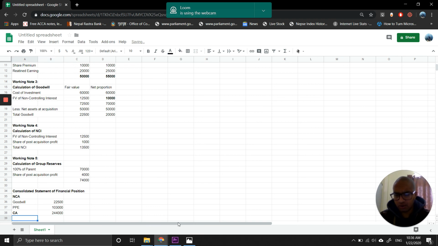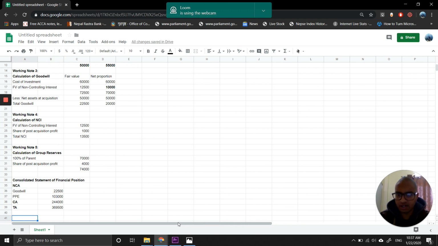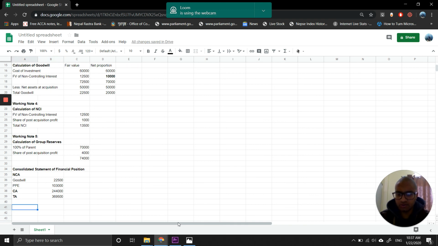So what's our total assets then? Total assets, bold. It's basically the sum of everything. What we can do is sum all these figures. Okay, so that's our current assets, right? So, the equity section.